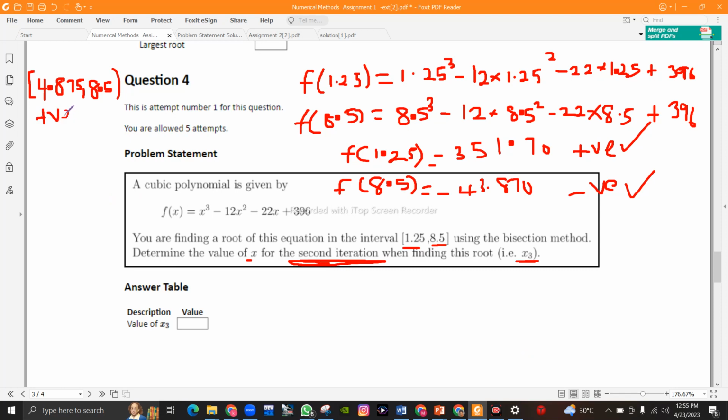It's 8.5 that gave us the negative. So this is where our new root is now.